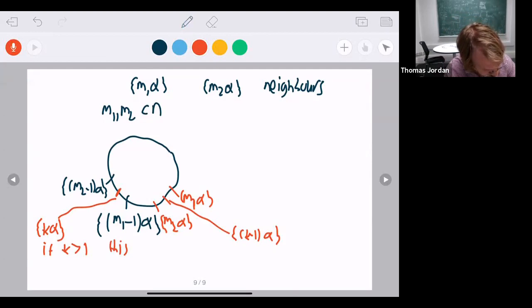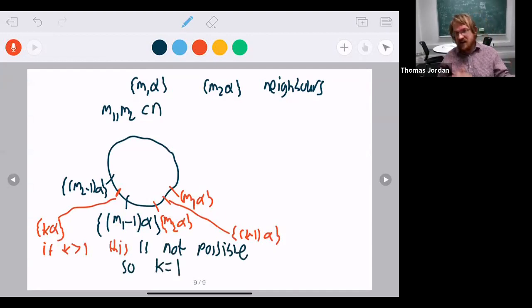So if K is greater than 1, this is not possible. So what we must have is K is equal to 1.